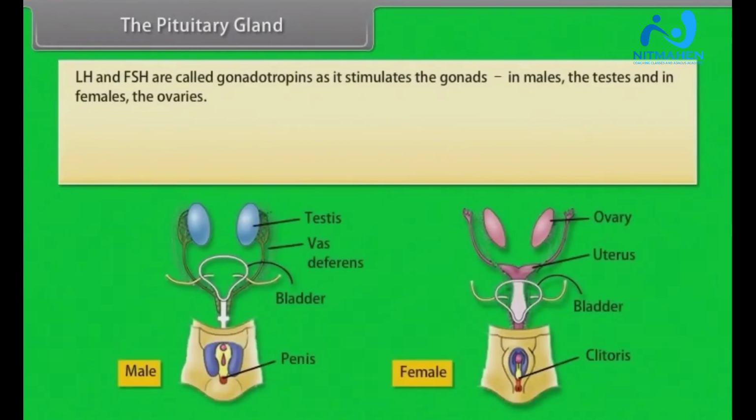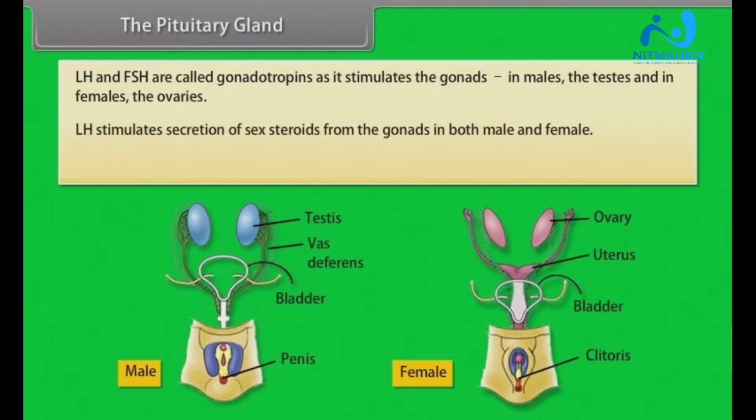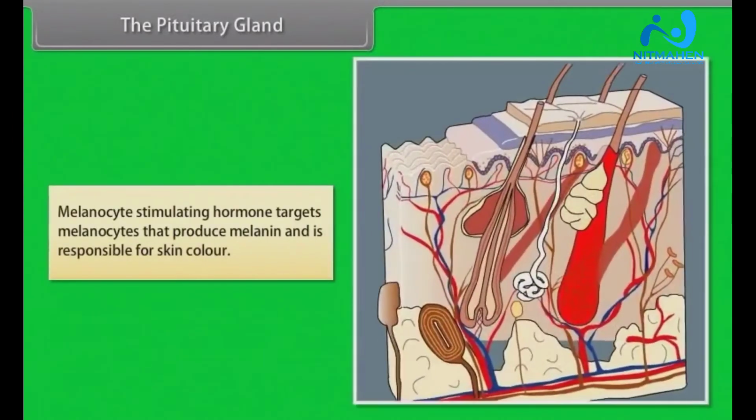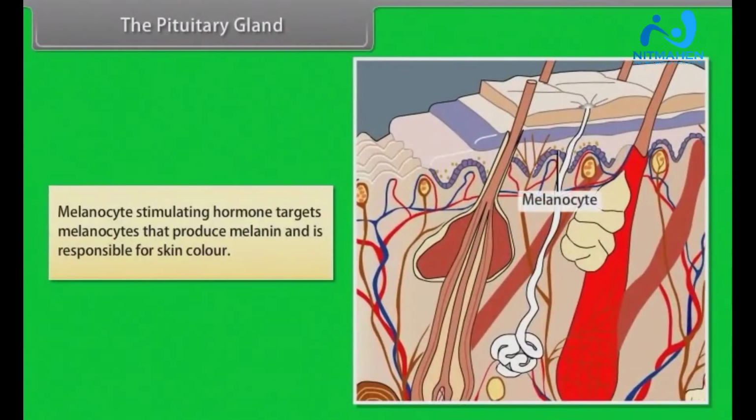LH and FSH are called gonadotropins as they stimulate the gonads, in males the testes and in females the ovaries. LH stimulates secretion of sex steroids from the gonads in both male and female. FSH stimulates the maturation of ovarian follicles, and it is also critical for production of sperm. Melanocyte-stimulating hormone targets melanocytes that produce melanin and is responsible for skin color.